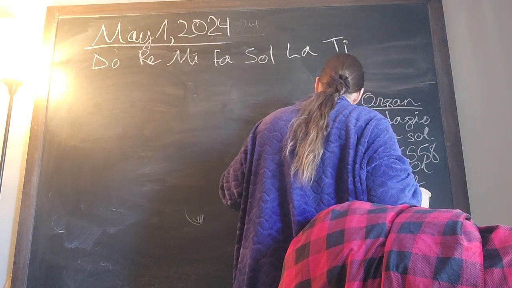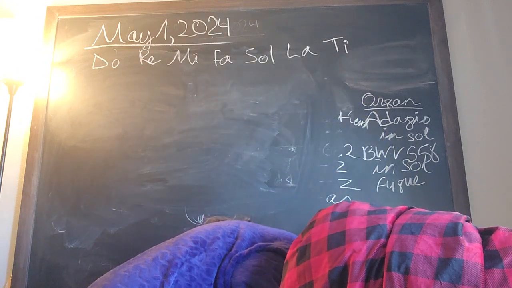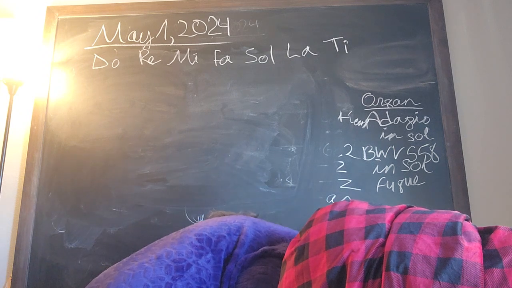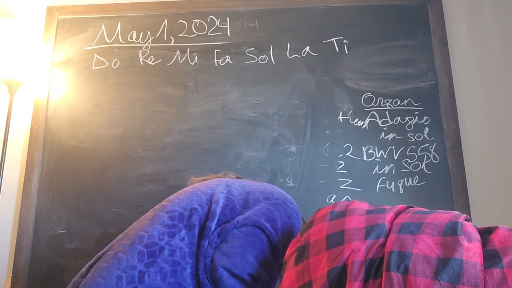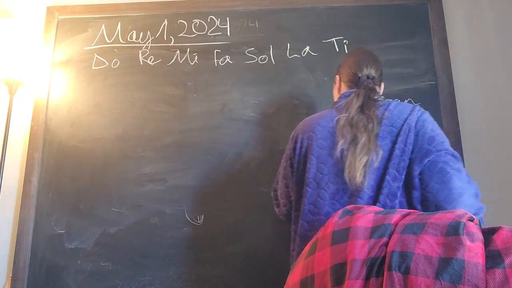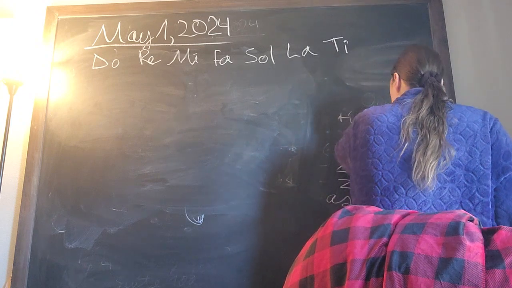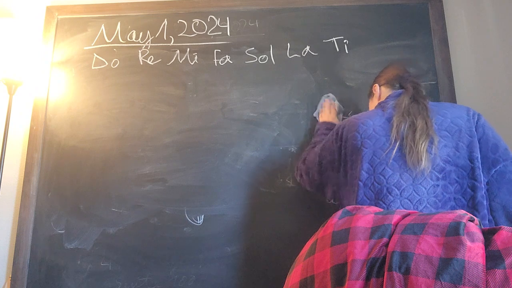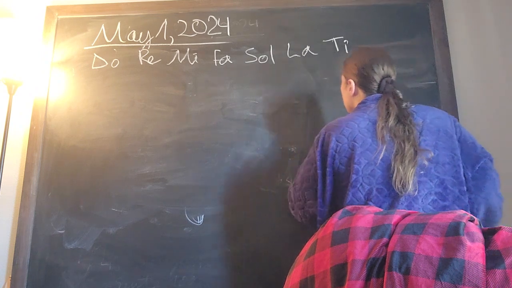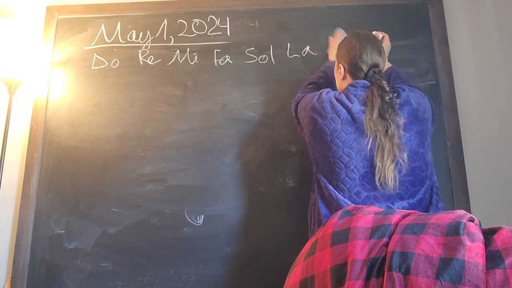I'm going to erase this stuff in the corner. It's something I really don't need. I don't know where my green one is. Here it is. So we got sol, la, and ti over here in the corner.